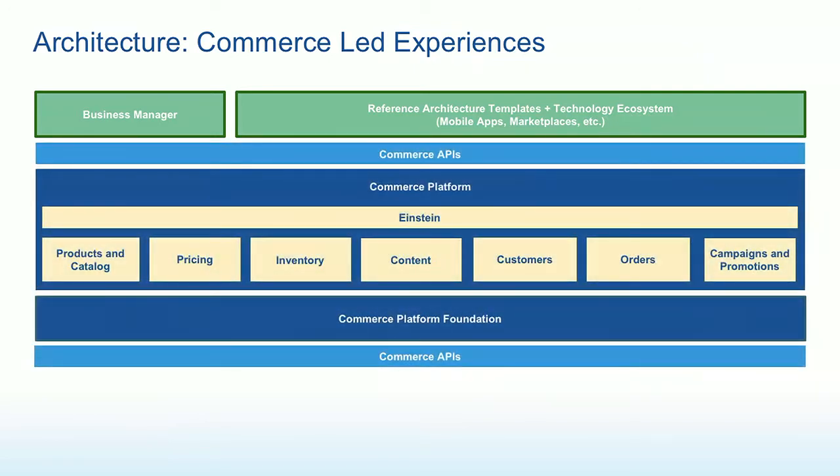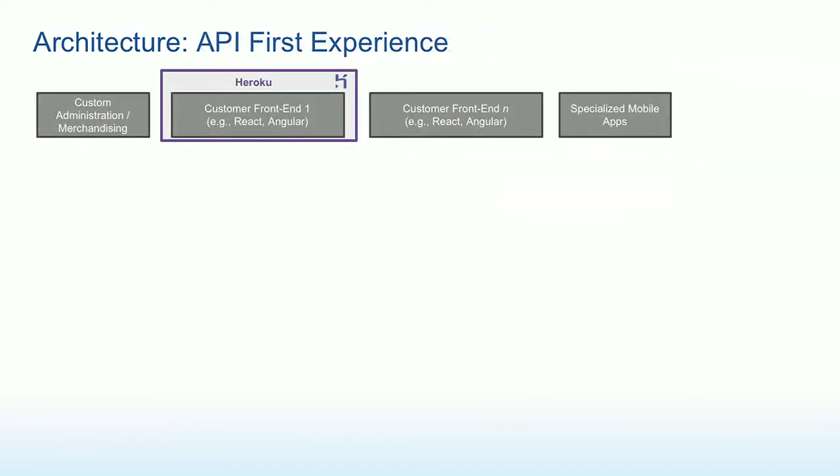But you'll also see that a lot of these different architectures rely on the same core commerce platform capability set. So they interact with our commerce APIs to get things like product data, pricing data, and customer information, in the same way that an API-led application might in an API-first model.